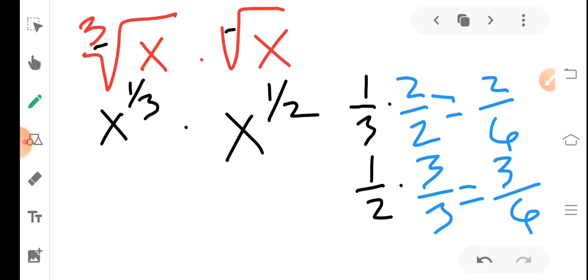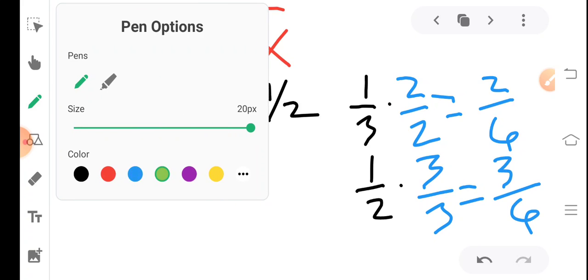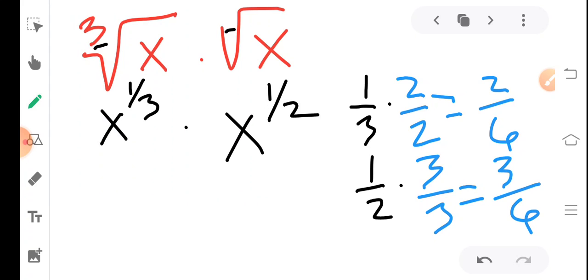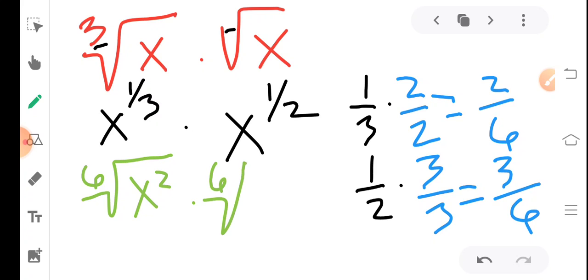So rewrite it again into radical form. We get the 6th root of x squared times the 6th root of x cubed.